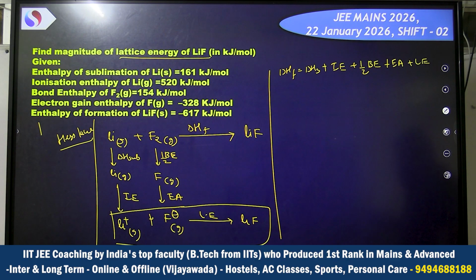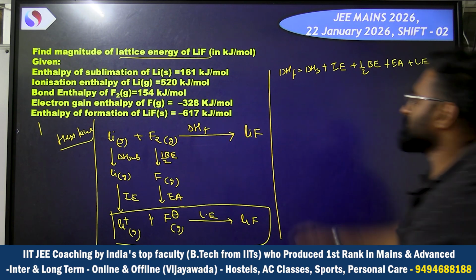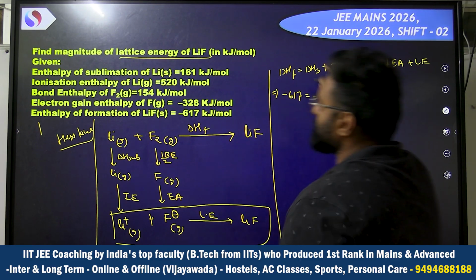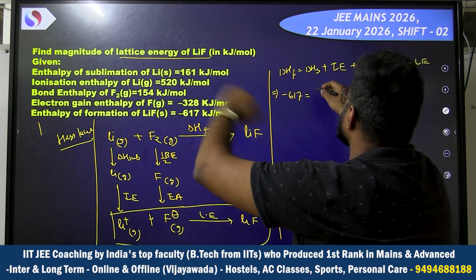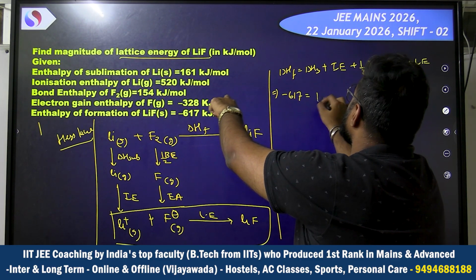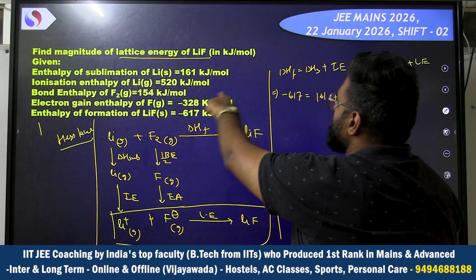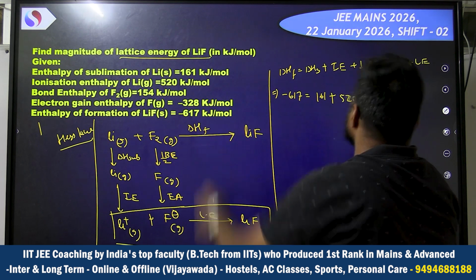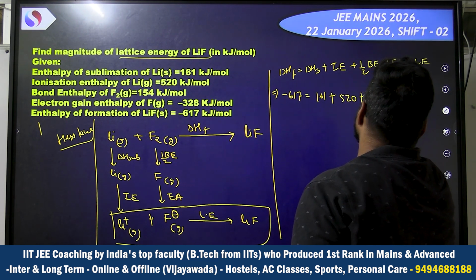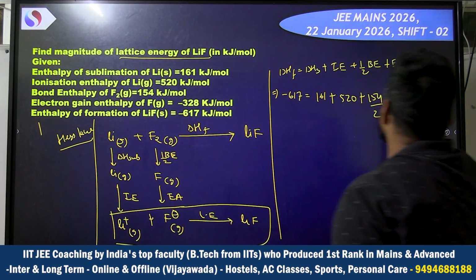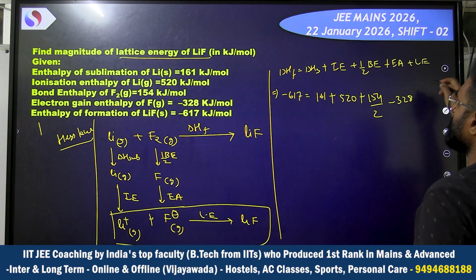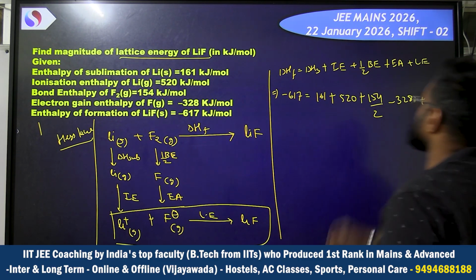Now add details. Minus 617 is equal to delta H of formation. Delta H of sublimation is 161. Ionization enthalpy is 520 plus bond energy is 154 divided by 2. Electron gain affinity is 328 and lattice energy you need to find, plus X.